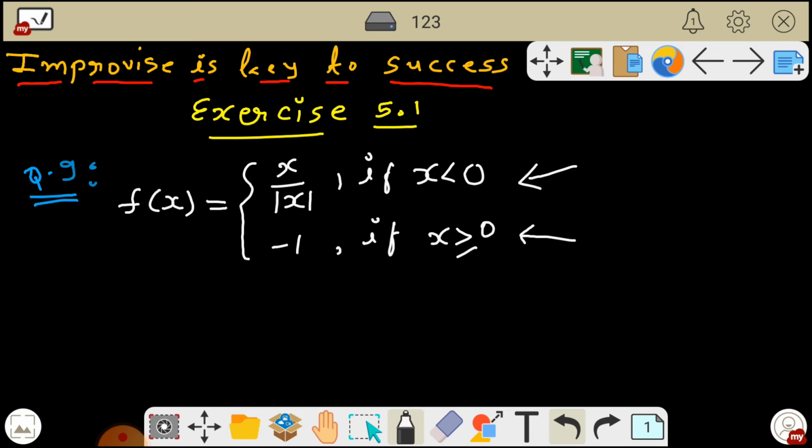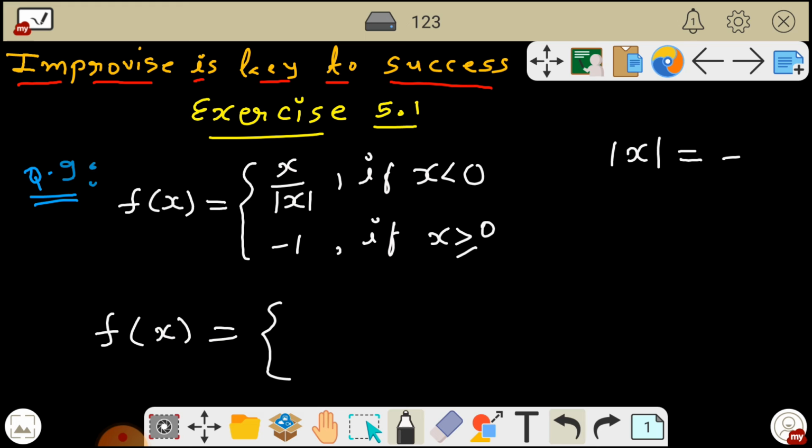So now let us write the function again. So f of x is equal to, now if x is less than 0, we know that modulus of x is always minus x. So we can write this function as x upon minus x, which is equal to minus 1, right?